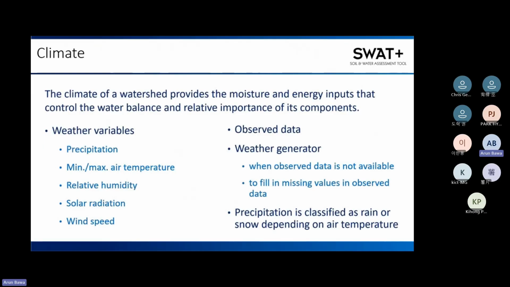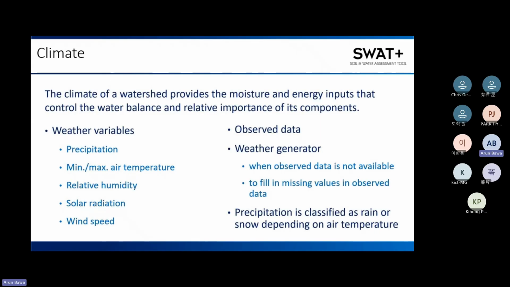In SWAT, we have three different methods to calculate the potential evapotranspiration. One is the Penman-Monteith equation, which is more complicated. If you want to use that equation, you need to provide all these five variables. But if you don't have the inputs for three of these variables, you can use the other two methods, the Priestley-Taylor or Hargreaves methods. So that's how things change. You can provide five climate inputs, and two of those, precipitation and temperature, are required.